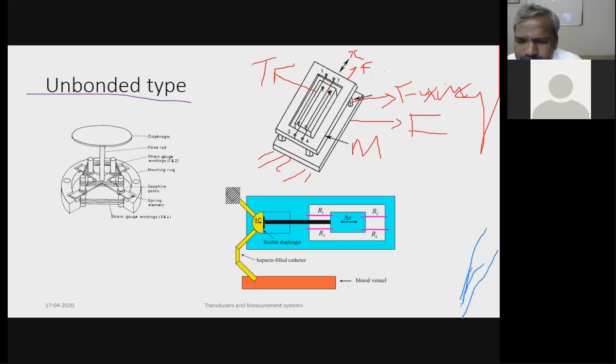Sorry, when we apply force towards this side, correct, this wire 1, this one subjected to tension, and this 3. So 1 and 3 subjected to tension, the 2 and 4 subjected to compression.